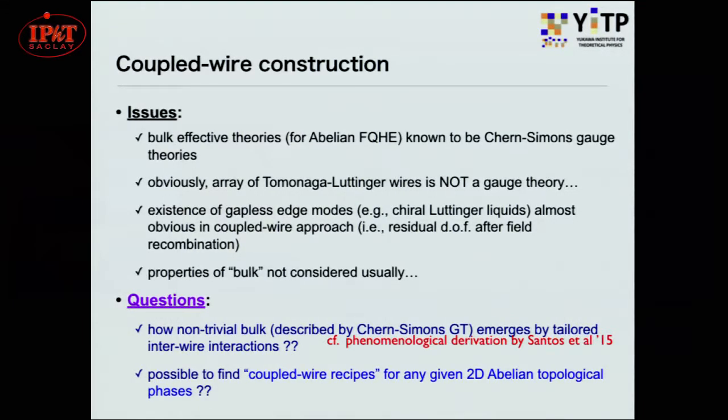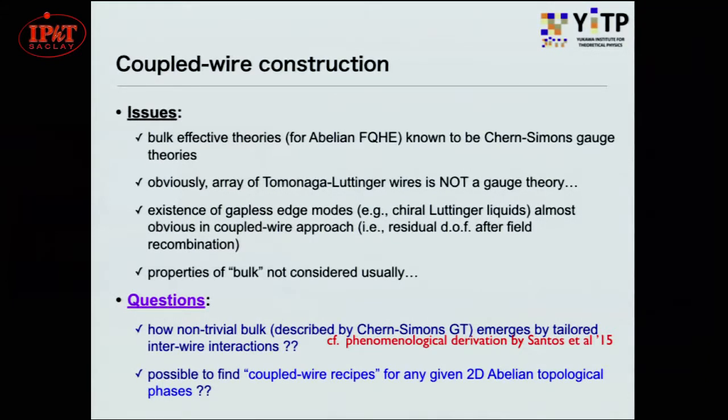Normally, in the business of coupled wire construction, people only talk about the non-trivial edge state. That is a kind of signature of the non-trivial bulk, but then the non-trivial edge state emerges from the non-trivial bulk, right? So I think the best way of demonstrating that the coupled wire construction really constructs a non-trivial topological state is to show that the non-trivial bulk topological gauge theory emerges from the coupling of wires.